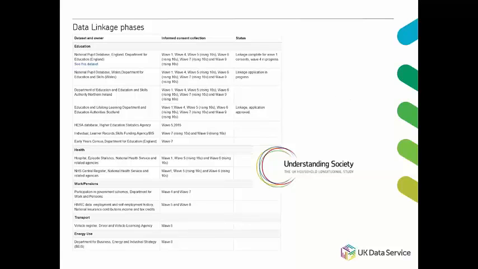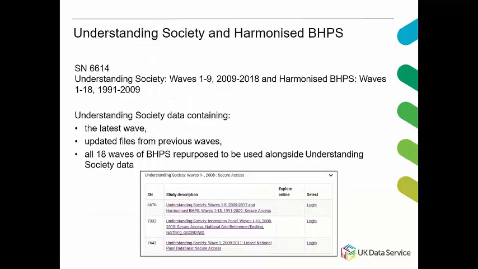There is an overview on the website of Understanding Society regarding the data linkage phases and what is realized so far, where consent collection has happened, and the status of the whole plan. So you can keep yourself updated about that.